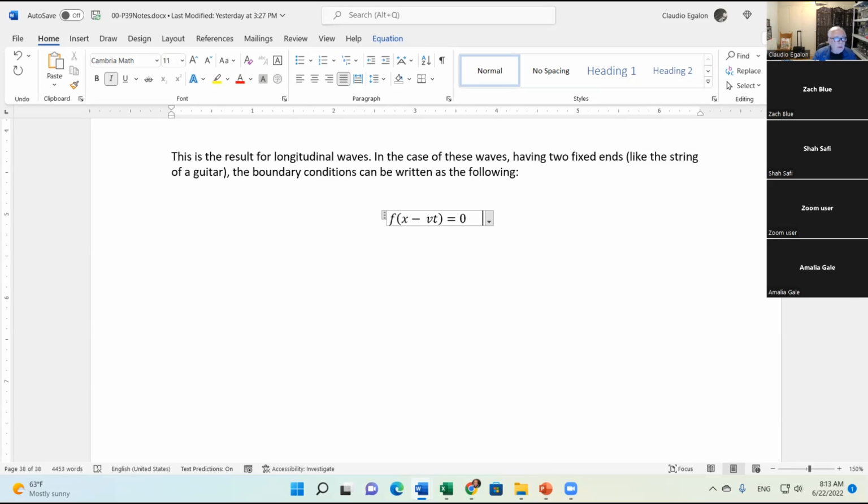In the case of these waves having two fixed ends, and the string being of length L, the boundary conditions is going to be something like that, for x equal to 0 and x equal to L. It would apply to both plus and minus.